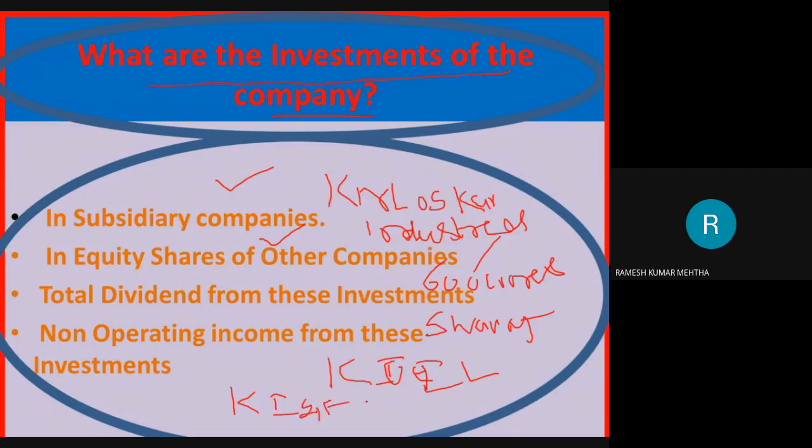The worth of these investments is 600 crores. So the company is sitting on cash of 600 crores, because at any given time they can divest these shares, the investments in these subsidiary companies or group companies, and convert them into cash.